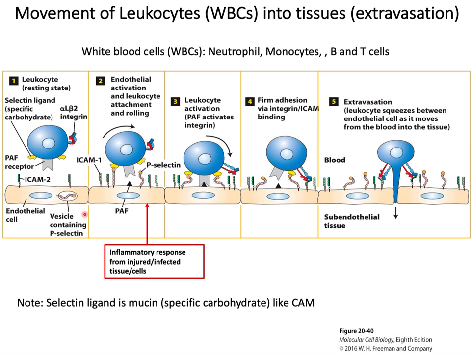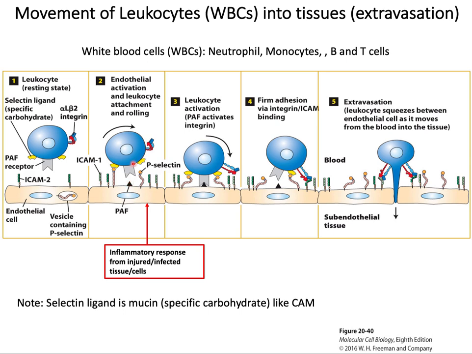These signals will cause an activation of the endothelial cells that line the blood vessels such that the P-selectin is now trafficked to the cell surface. And you also get the synthesis of a cell surface signaling molecule, platelet activating factor, PAF.